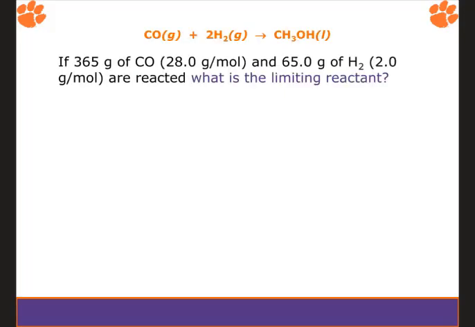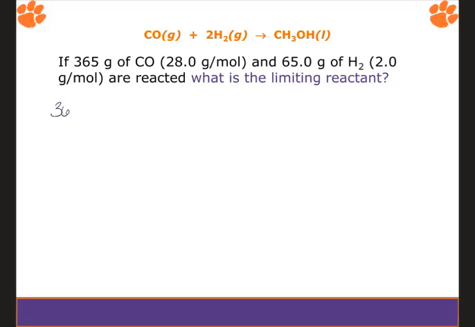All right, so I had to switch over here just to give myself a little bit more room to write. So again, here we have 365 grams of carbon monoxide, 65 grams of diatomic hydrogen. Which one is the limiting reactant? For each of these, the first thing you want to do is make them into moles. To go from grams to moles, you just use the molar mass.